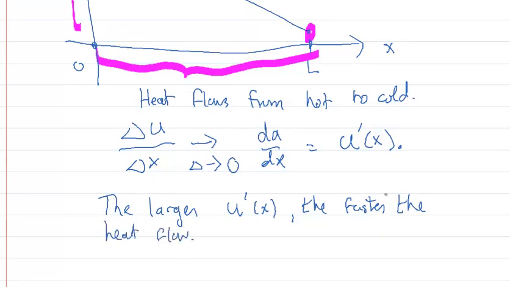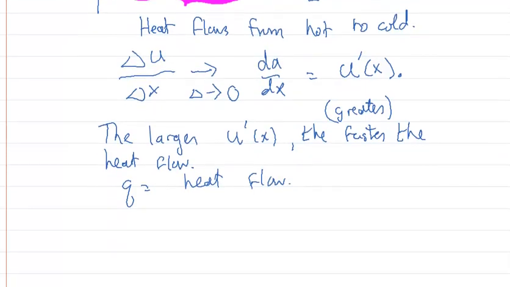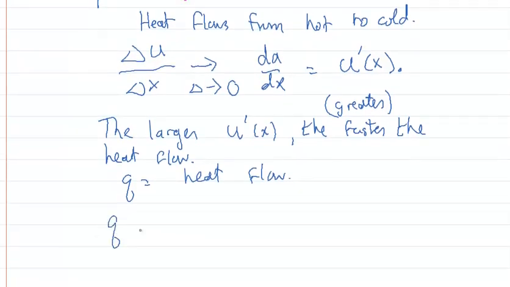So instead of saying faster, let me say greater. All right. So I'm going to let Q be the heat flux or heat flow. Now the simplest model of heat flow then would be Q is equal to some constant, which I'll call kappa, times U prime. And that expresses the fact that if U prime is larger, then Q is larger.